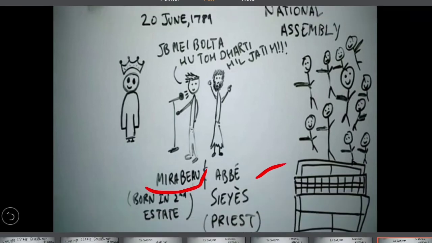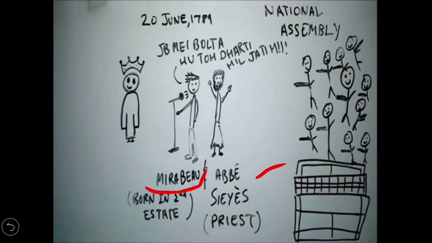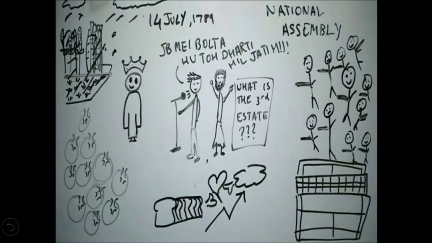Mirabeau was born in the second estate, and Abbe Sieyes was a priest, belonging to the first estate. They supported the National Assembly members and joined hands with them. And Abbe Sieyes wrote a book.